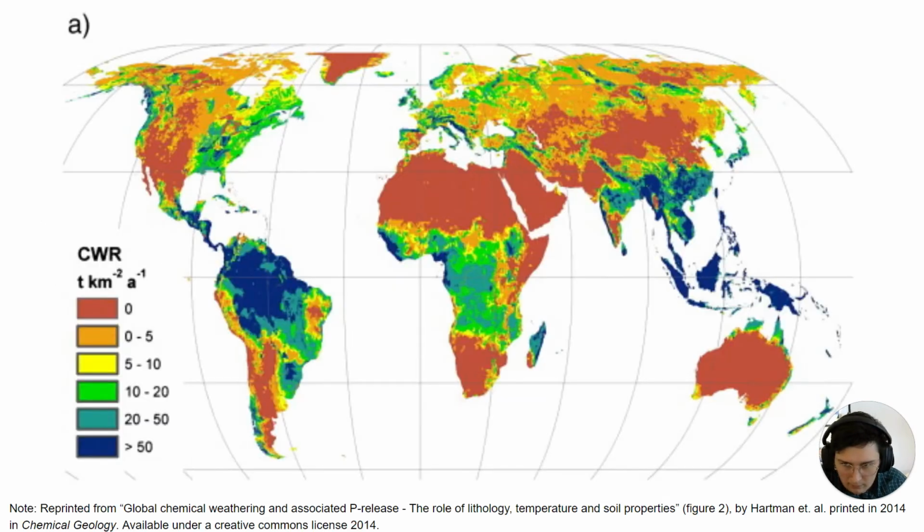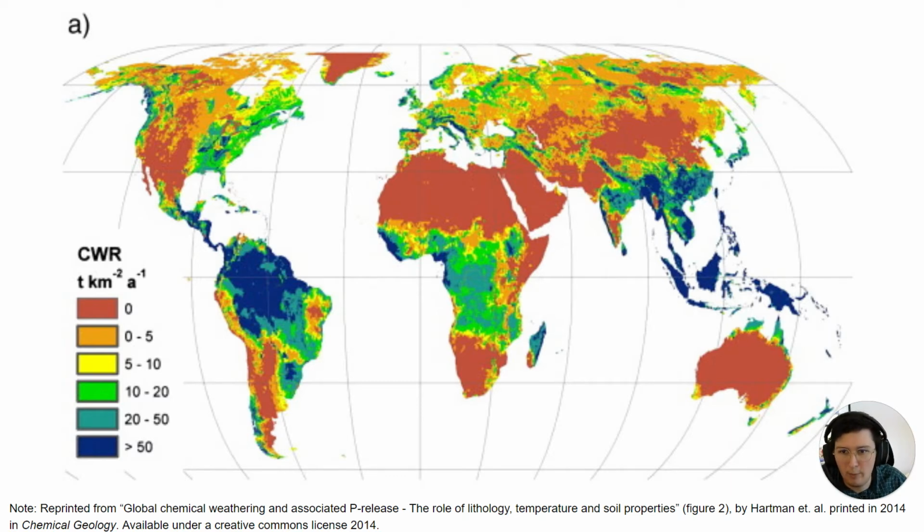So from my previous lecture, this amazing figure from Hartmann et al. in 2014, they calculated chemical weathering rates across the world, and you can see here this figure also takes into account the water availability, which we've talked about is very important for many chemical weathering processes.